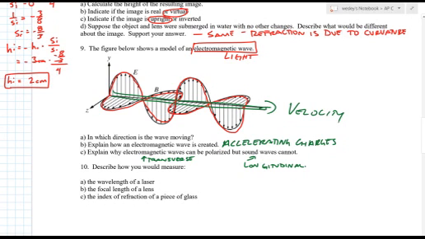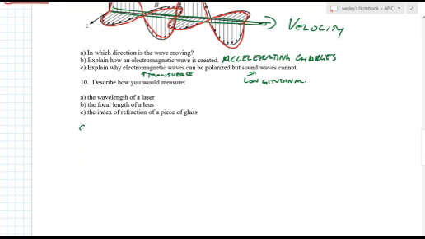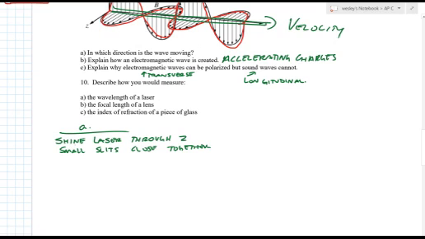Describe how you would measure the wavelength of a laser, the focal length of the lens, or the index of refraction of a piece of glass. All right, so for the wavelength, you're going to shine the laser through two small slits that are close together onto a screen.